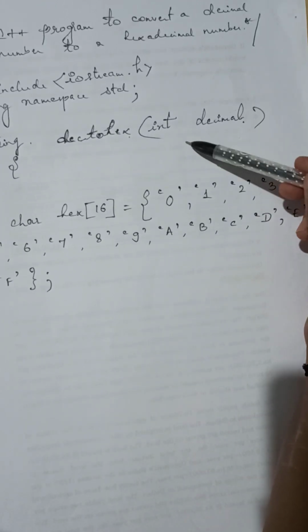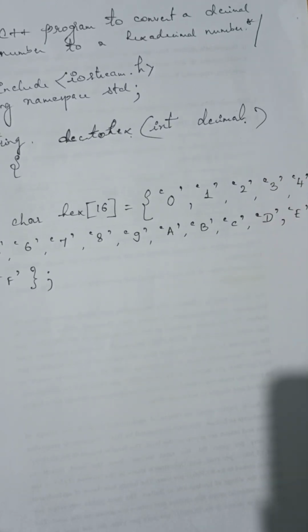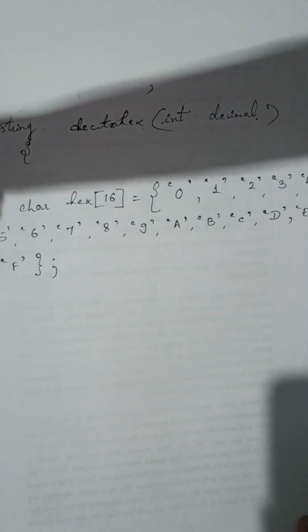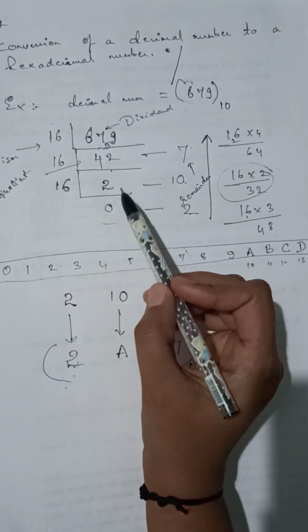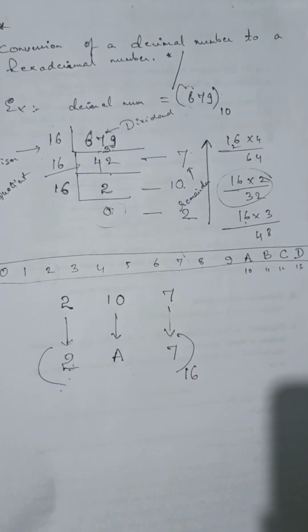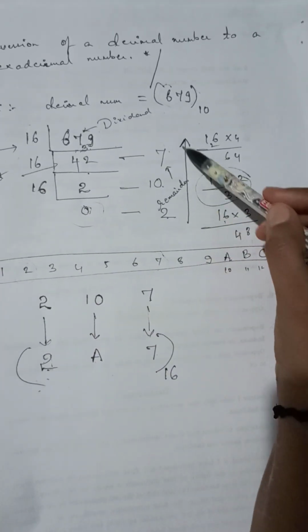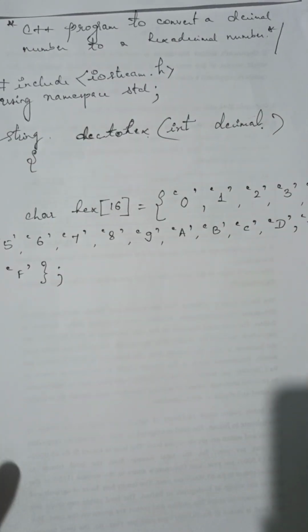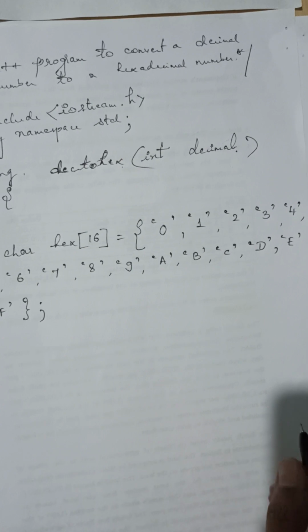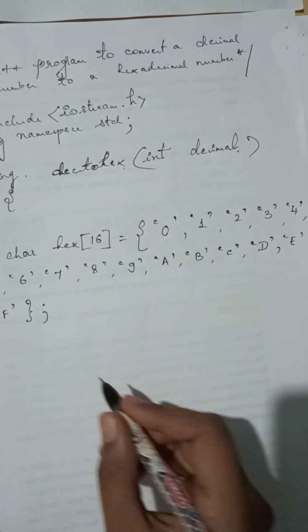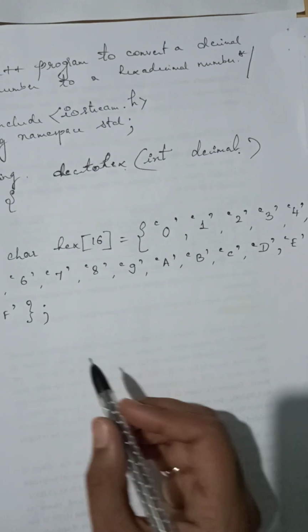So this is our input to the function, decimal. As I have explained to you, the decimal number has to be divided by 16 till you get the quotient 0. Alright, and we have to collect the remainders. We will use a while loop, because we have repeated division till we get the quotient 0.